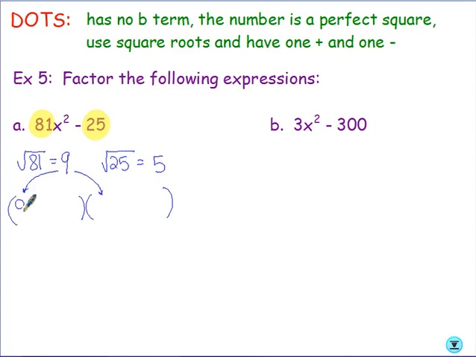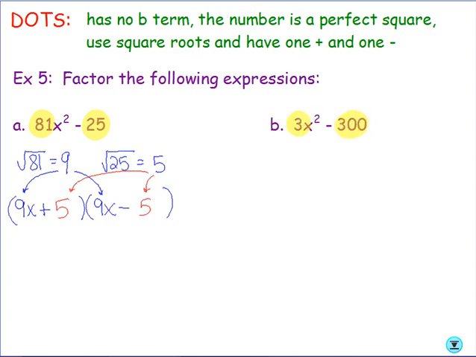So it's 9x and 9x. As we know up here, we have one positive, one negative. And this second number goes in the second slots. Plus 5, minus 5. We're done. Isn't that nice?